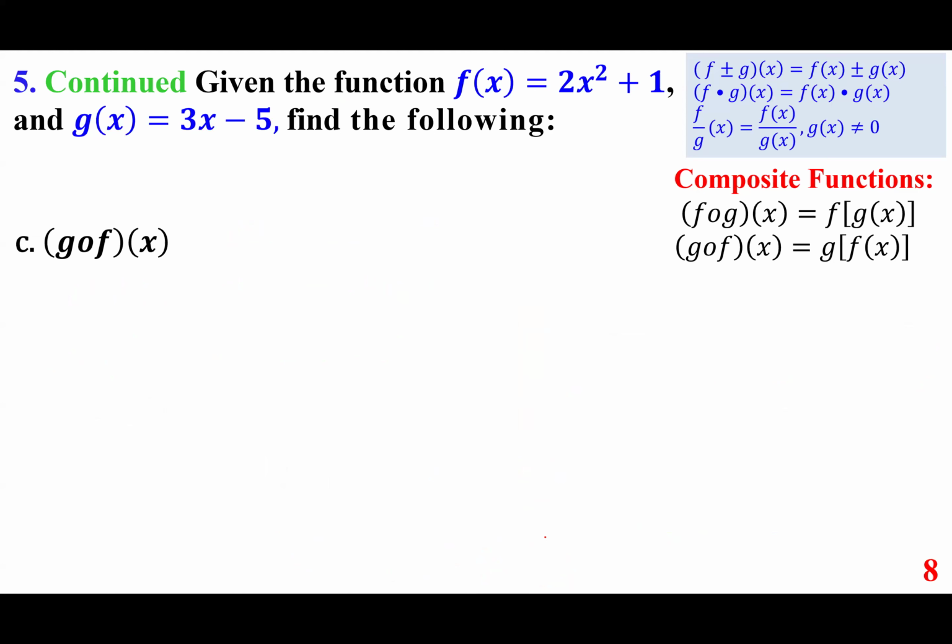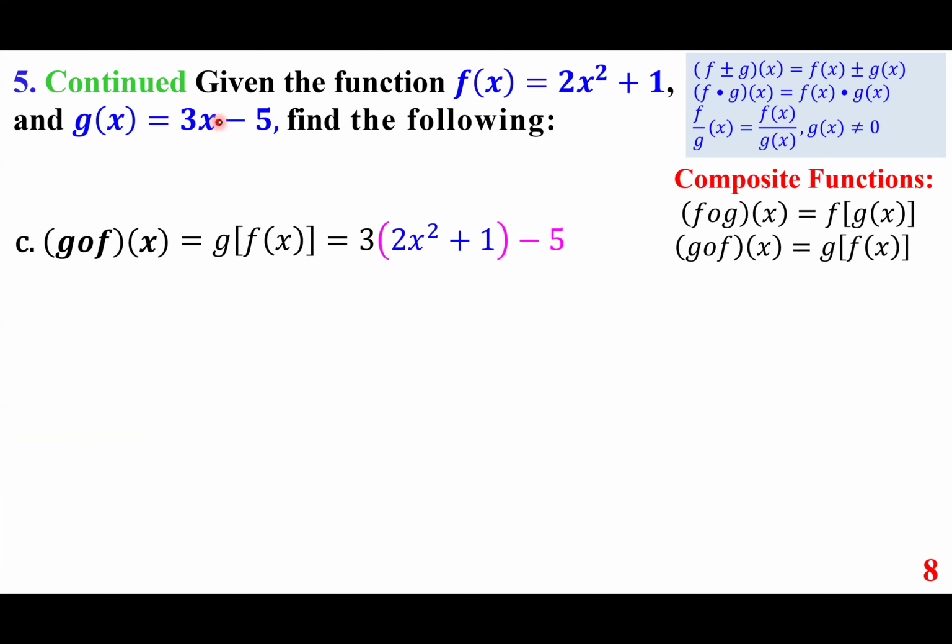We're going to continue, and f of x is 2x squared plus 1, g of x is 3x minus 5, as it was mentioned. And we want to find g o f of x, which means g of f of x, which means put this instead of x here.